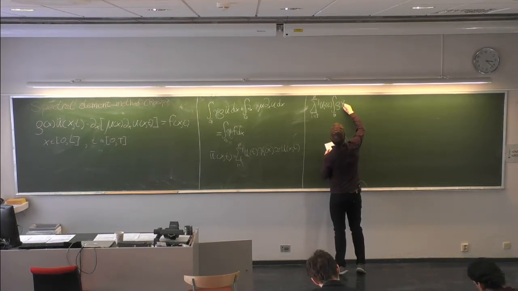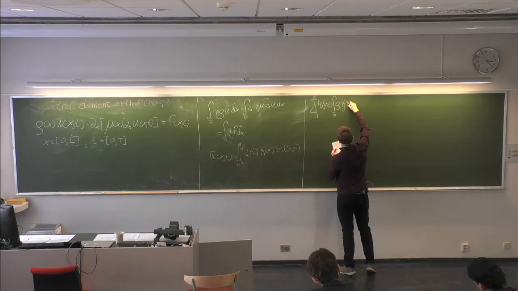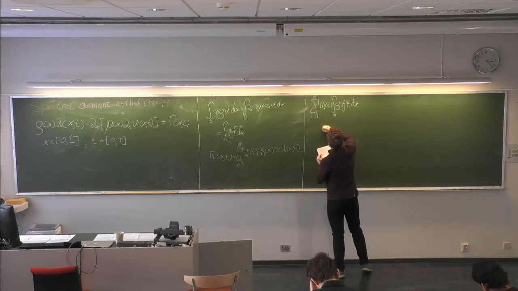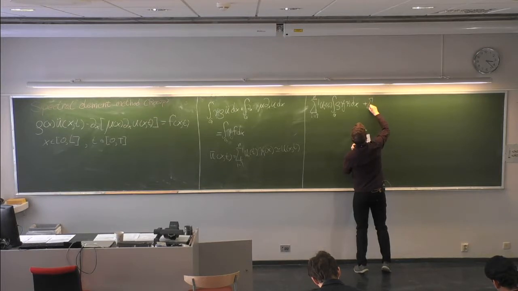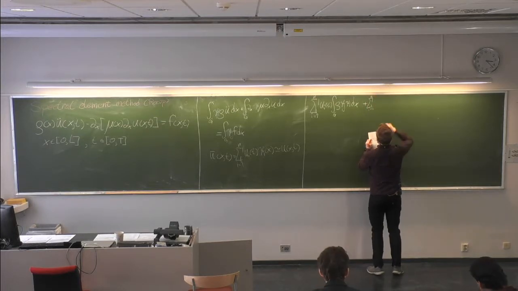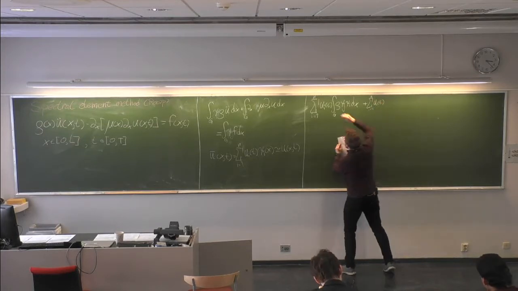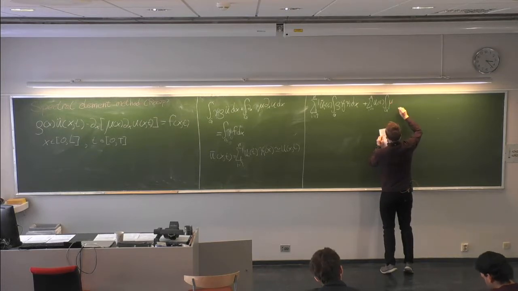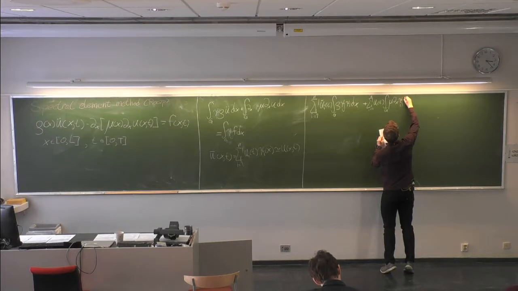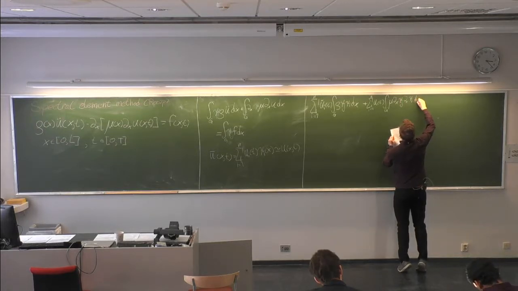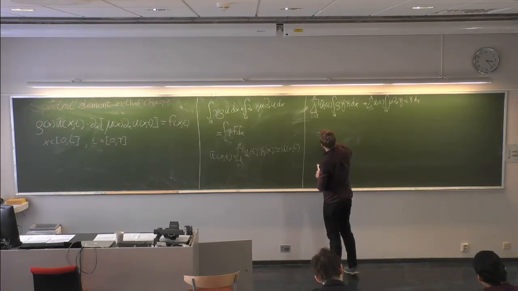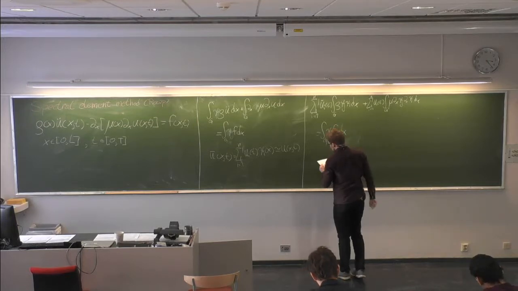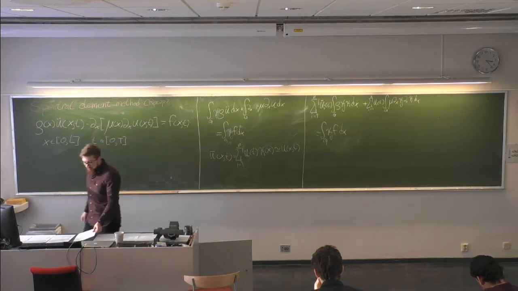So we get the sum of u_i double dot times the integral of rho, j as a test function, and i as a basis function, dx, plus the sum of u_i times the integral of mu times the derivative of j times the derivative of i dx, should equal this driving force, the integral of j times f dx. And this should then hold for all of these functions.